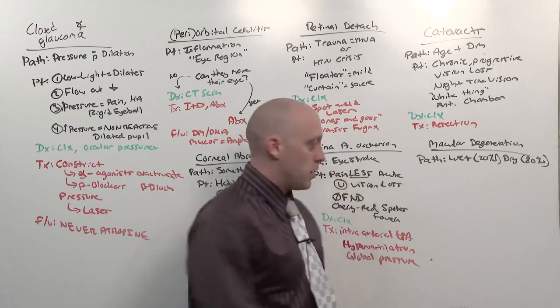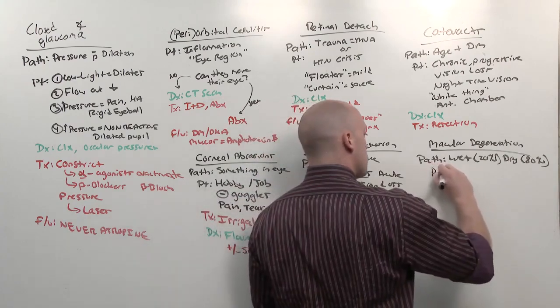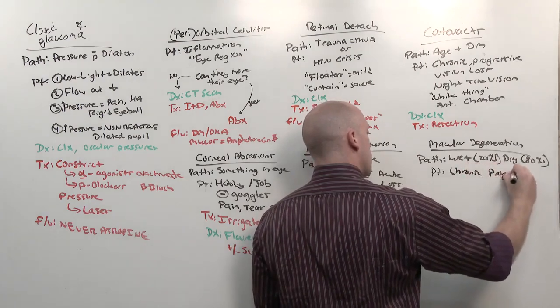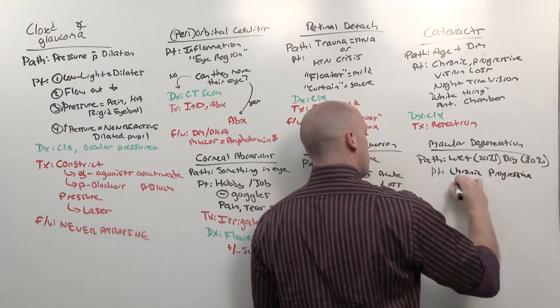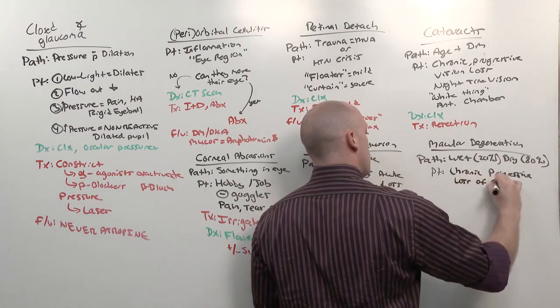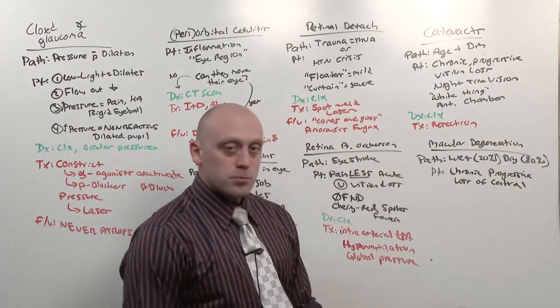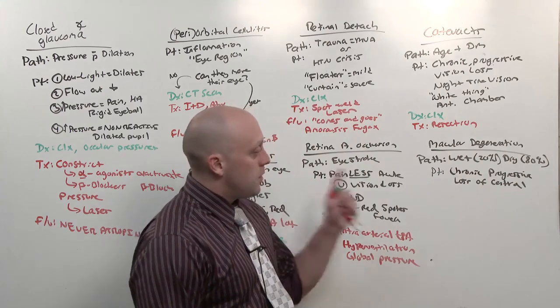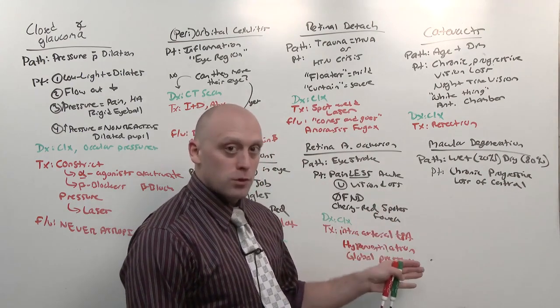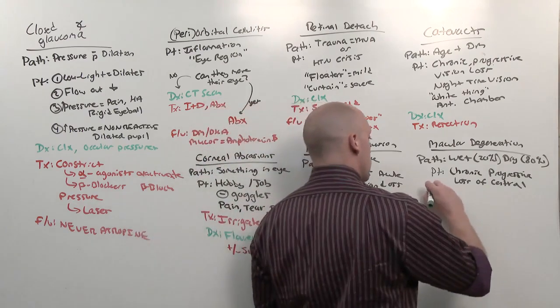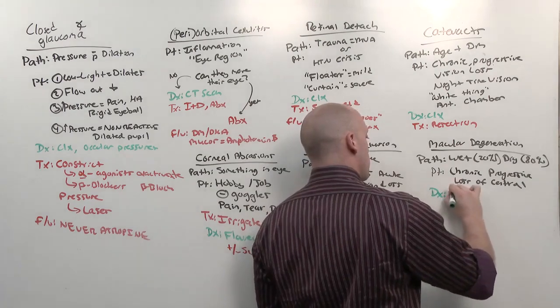As the macula degenerates, what you're going to lose in a chronic progressive way is central vision. The peripheral vision will be intact, but the central vision is lost. And the problem with this is, if you've got the dry form, which is the more prevalent one, there is no treatment. So the way you diagnose it, the way you tell the difference, is by looking in the back of the eye.